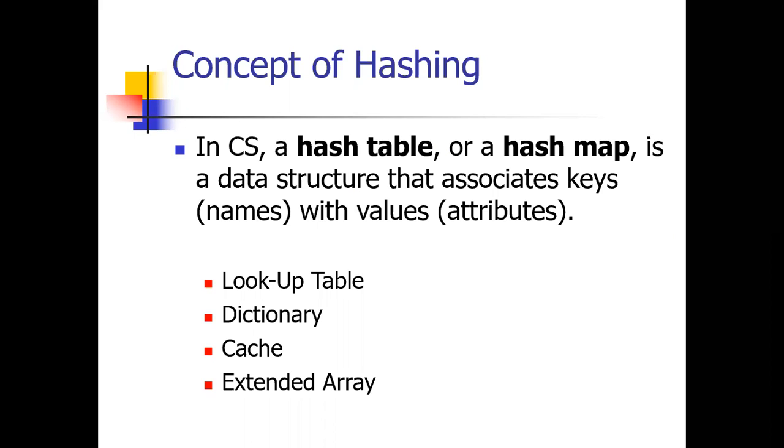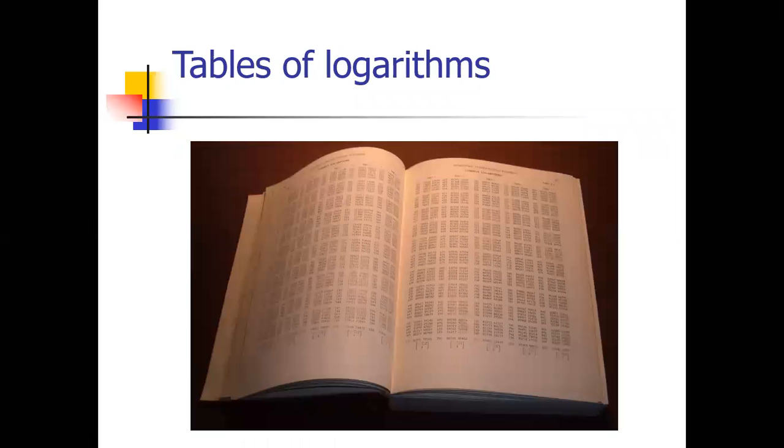Now, if you look at hashing tables, they can be compared to things like lookup tables, dictionaries, cache, or extended arrays. All these are examples of hashing tables where we link the names, which are referred to as keys, and the values together. The best example we can refer to is the tables of logarithms.